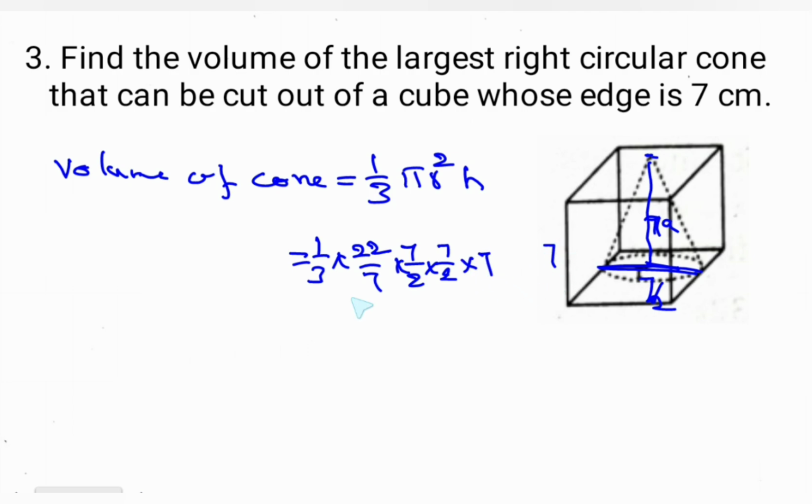Now 7 gets cancelled, and 2 elevens are 22, so that equals 11 into 7 into 7 by 3 into 2, which is 6. This equals 7 into 7, 49 into 11.